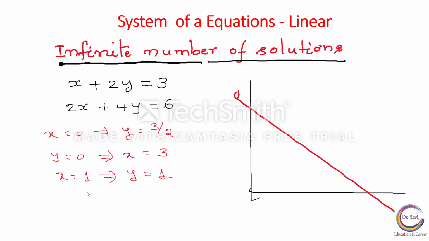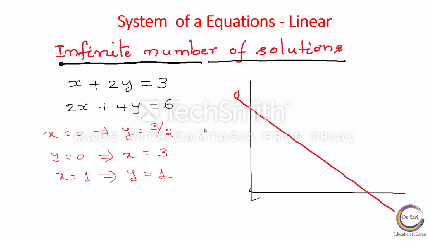Similarly, when x equal to 1 and y equal to 1, both equations are satisfied. So like this we can have many combinations of x and y which satisfy both the equations. So how many solutions will the system have? We can say an infinite number of solutions.